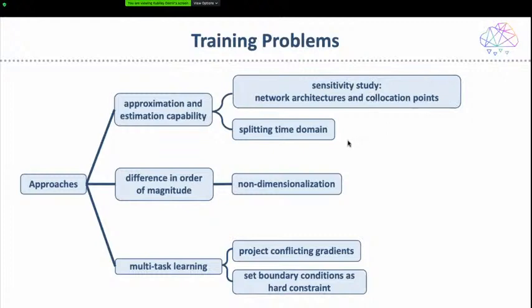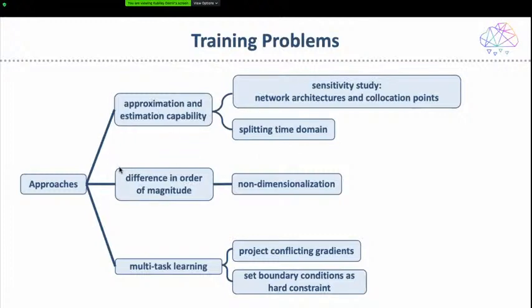And then another approach, which is a relatively normal approach, is to do a hyperparameter study, but a more interesting approach is that they try and split the time interval into different models so that they don't have just one model, but several models, which might make the models more capable of representing the function that they want to approximate.